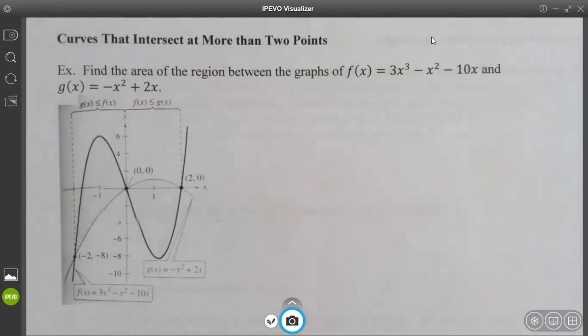What have we been doing this whole time? What was f of x? I'm not talking about this problem, just in general. The one that's on top, right? And g of x is? So when we look at this problem, what happens?